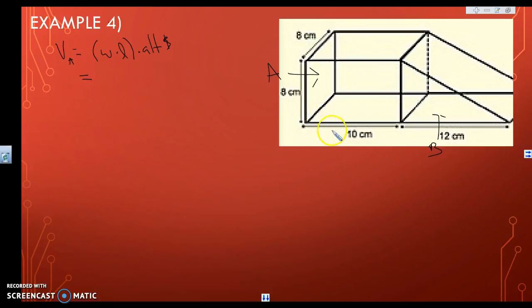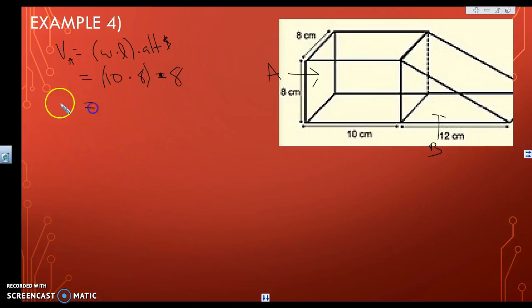Our width is, I'm going to call it 10. So we have 10 times our length, which is 8. And remember, you could multiply these in whichever order. You could have done 8 times 10 or 10 times 8. You would still get 80. Times our altitude, which is 8, given by this side right here.